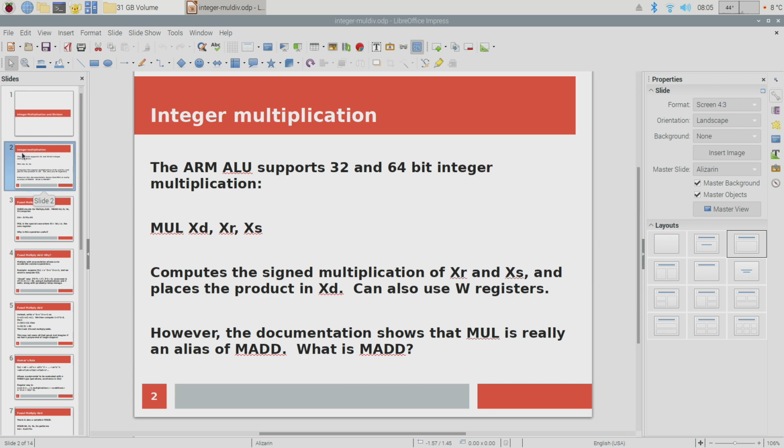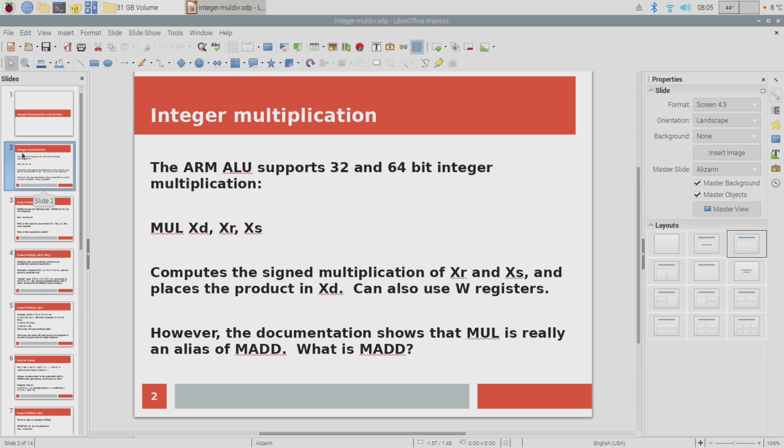All right, well, so what do we got? The ARM ALU supports both 32 and 64-bit integer arithmetic, as we've seen, and it can do multiplication. The syntax for this is basically just like it is for add or subtract.